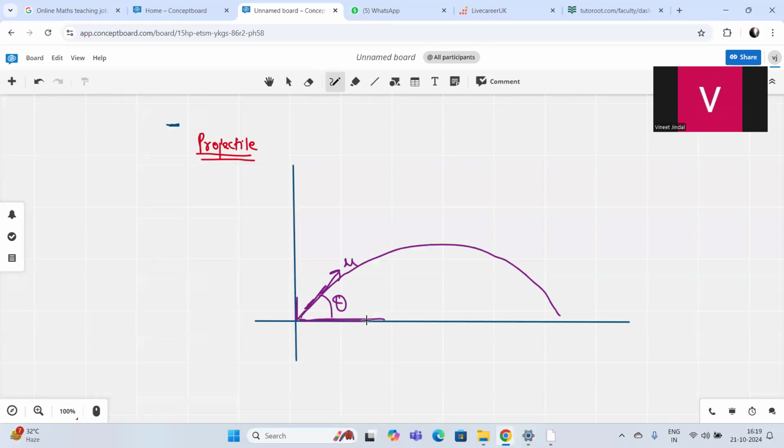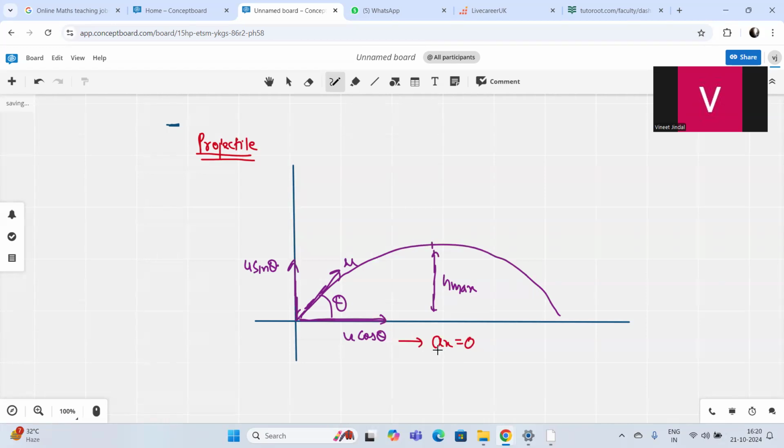The horizontal component of velocity is going to be u cos theta, and the vertical component of velocity is going to be u sin theta. This is the maximum height of the projection, h max. Along the horizontal, the acceleration is going to be zero.